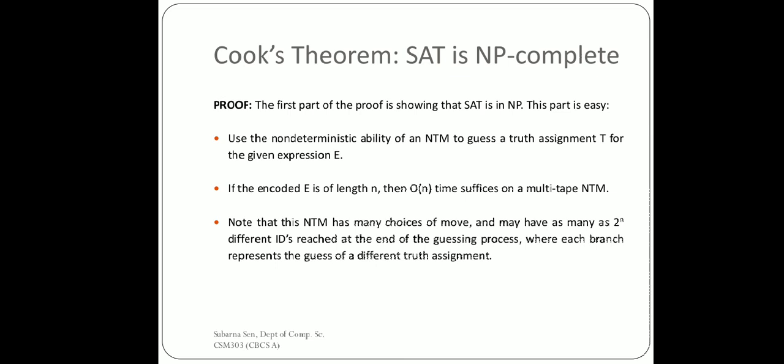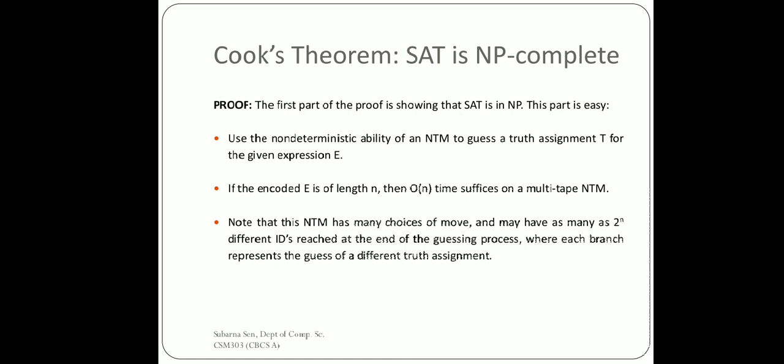A given expression E can have any number of variables, so we have to go for those truth assignments for which this Boolean expression is satisfied, meaning those truth values for which the result is true.